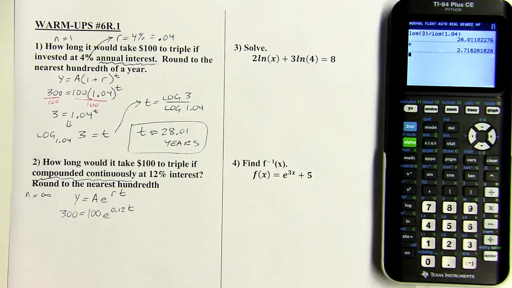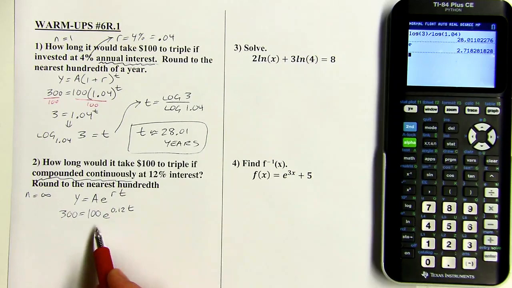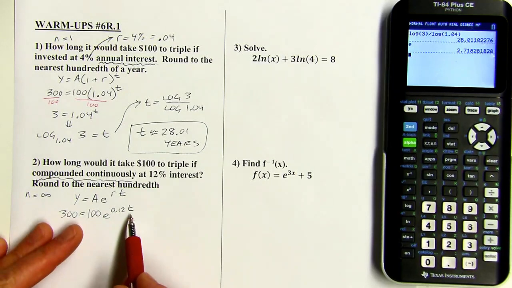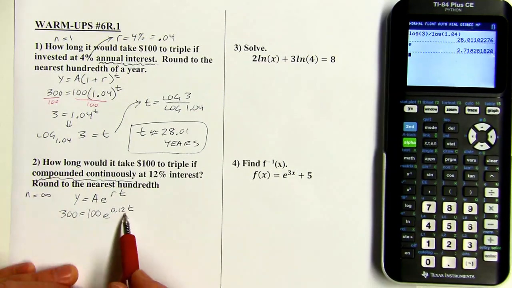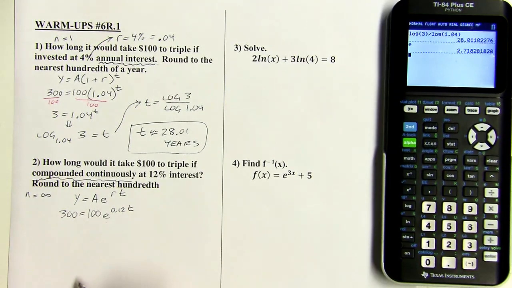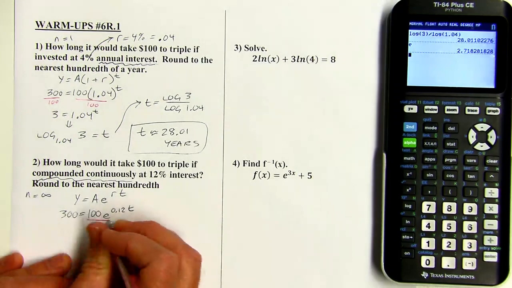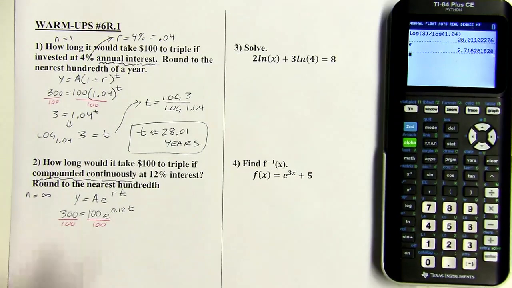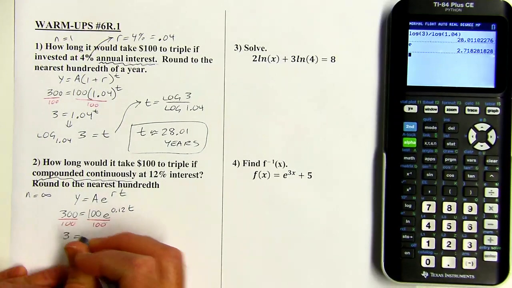So just like on my previous problem, the first thing I want to do is divide by 100. Don't put this into log form yet because it's not 100e raised to that exponent. It's just the e being raised to the 0.12t. 100 is really raised to the first, right? You could put a little 1 up there, okay? So trying to isolate the t, we can do a little bit of that by dividing first.